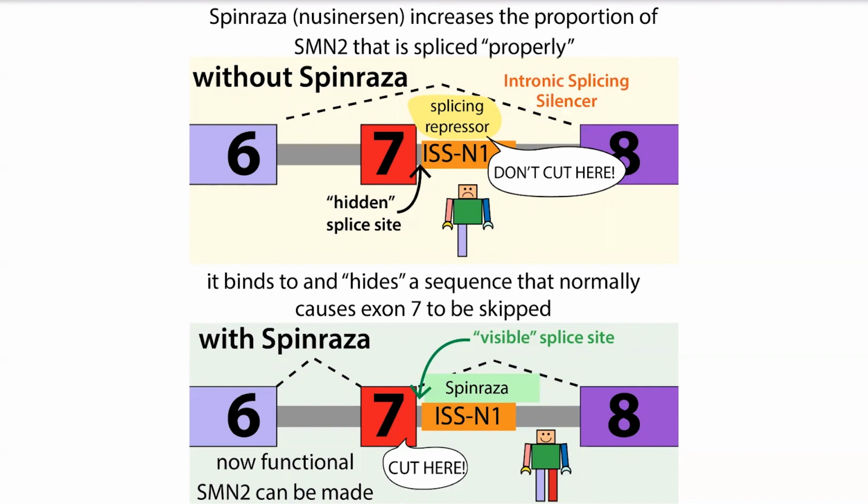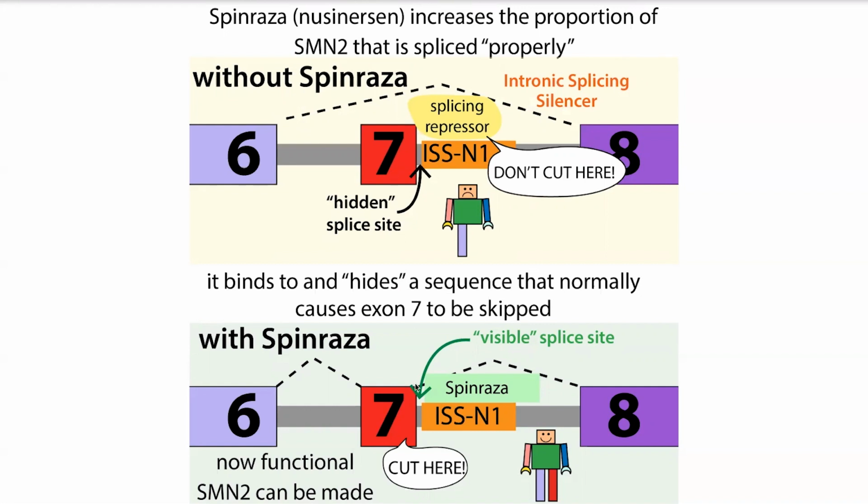So there's this intronic splicing silencer, this ISS sequence, that is next to the splice site, that's kind of hiding the splice site because it makes it so that a protein called the splicing repressor binds to that sequence.